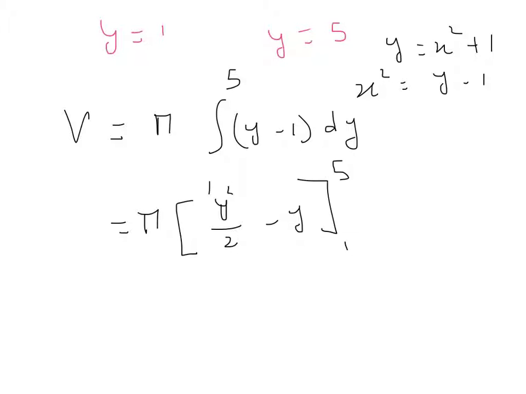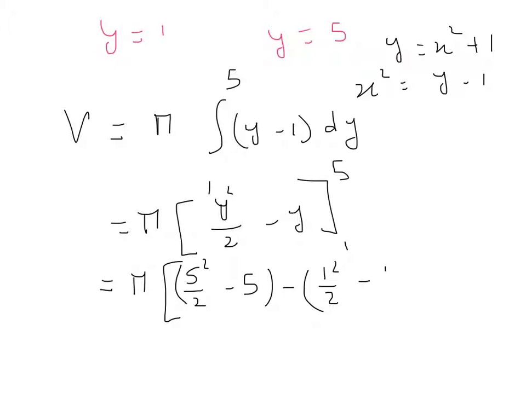Pretty straightforward. Now substitute. Pi times 5 squared over 2 minus 5. Rather put brackets for this slot, minus again a half, 1 squared minus 1 over, and then bracket.